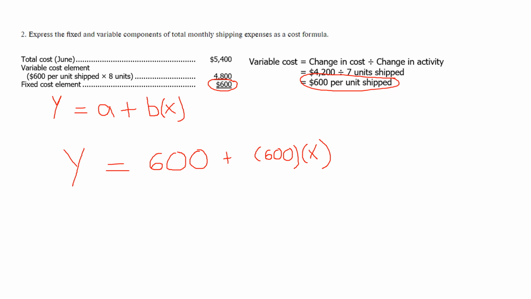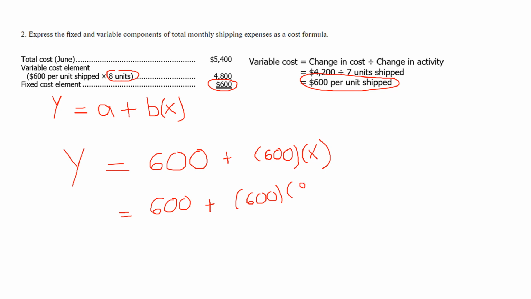So if we want to figure out what our total cost was in June, we know it's 5,400, but if we input our formula, we have 600, that's our fixed, plus our $600 per unit shipped, and we're going to multiply that by our 8 units that we shipped in June.